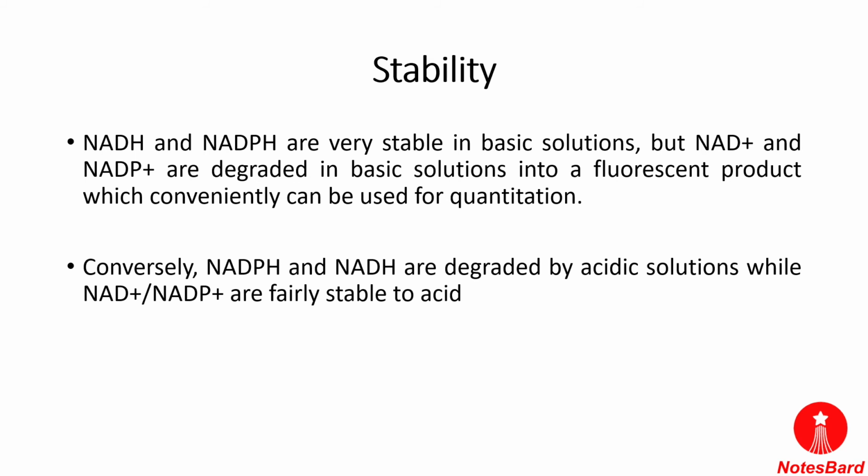But NADP+ and NAD+ are degraded in the basic solutions into a fluorescent product that will conveniently be used for the quantification. So NADPH and NADH are degraded by the acidic solution, while NAD+ and NADP+ are fairly stable to the acid.